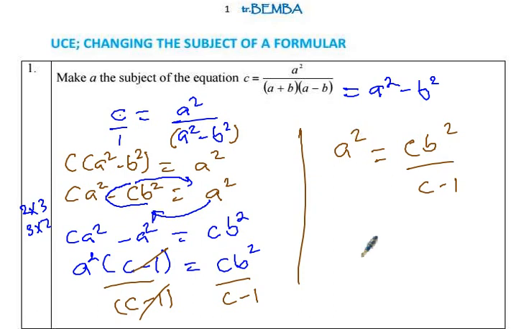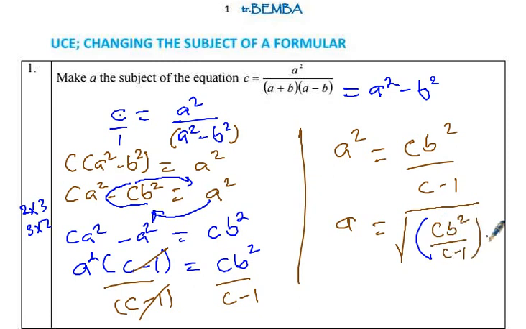And how do we put it away? When we take square root on both sides. So that means a is equal to square root of, I can even now introduce brackets here so that I show that I'm taking the square root of cb squared out of c minus 1.